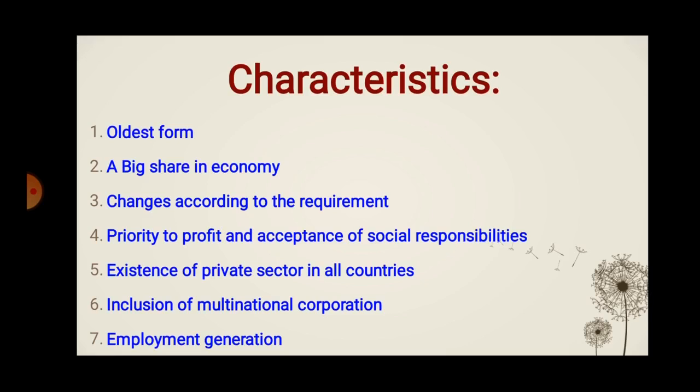Next is inclusion of multinational corporation. So, the business activity taken by a firm in more than one country is known as multinational corporation. Now, multinational companies start their work, their business in more than one country, so the living standard of different countries across the world can be improved by that company.